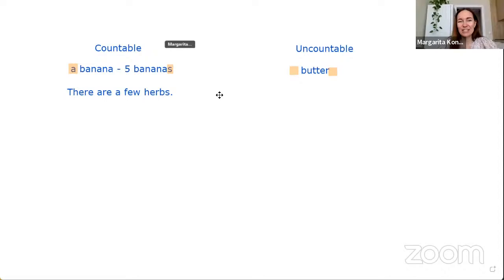Some, yes, it is. It means some of them. And do I use the word few with countable or uncountable noun? Herbs. Countable. You see, a few herbs with countable nouns.